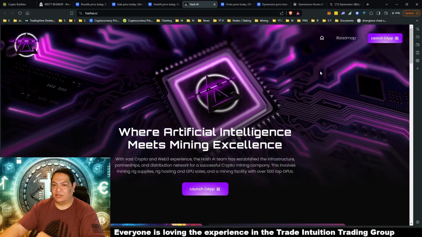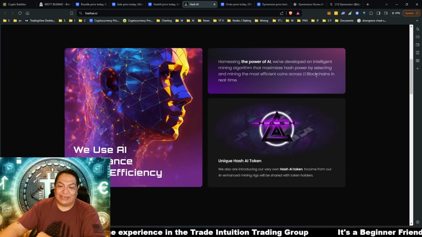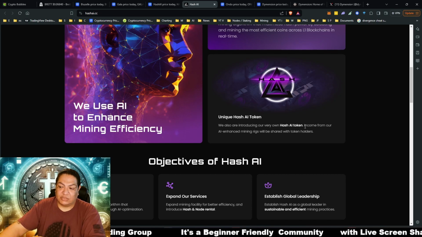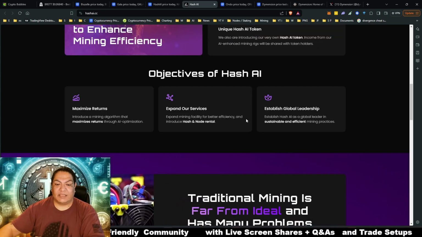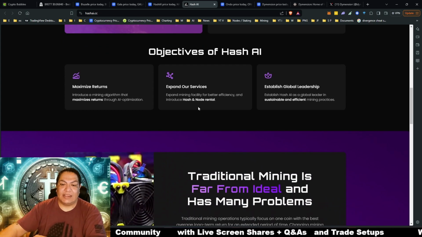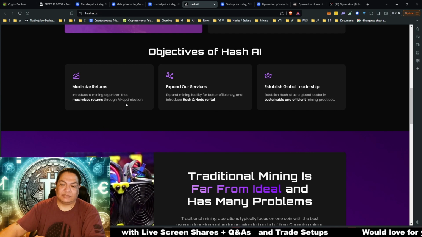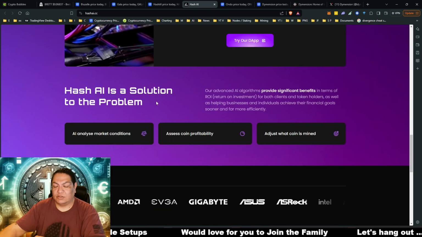Great website. Love it. We use AI to enhance mining efficiency. Unique HashAI token. We also are introducing our very own HashAI token. You already have a what? Maximize returns. Introducing a mining algorithm that maximizes returns through AI optimization. Okay, so they're trying to solve a problem, which is good.